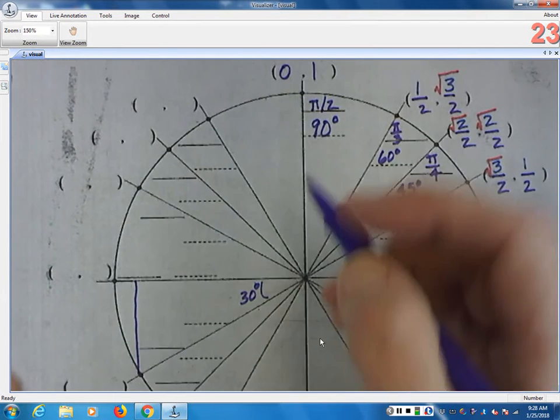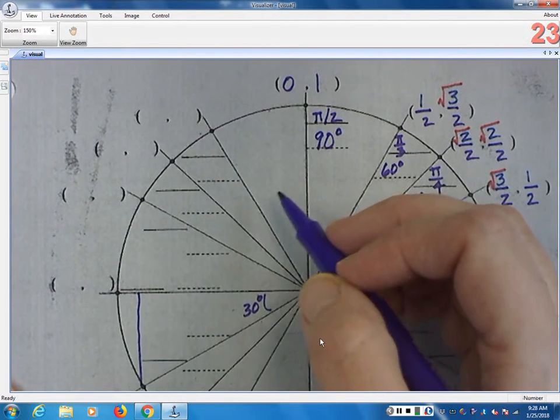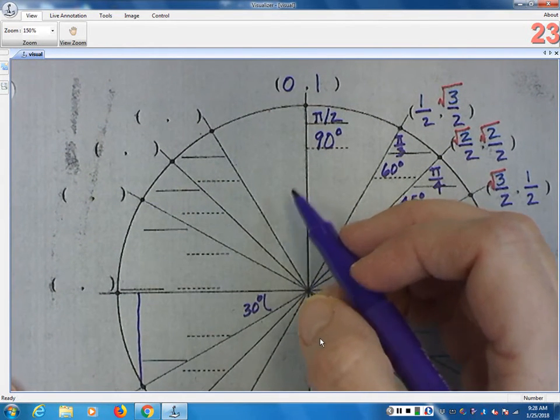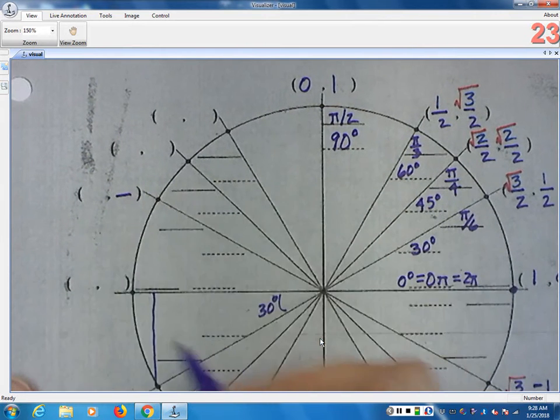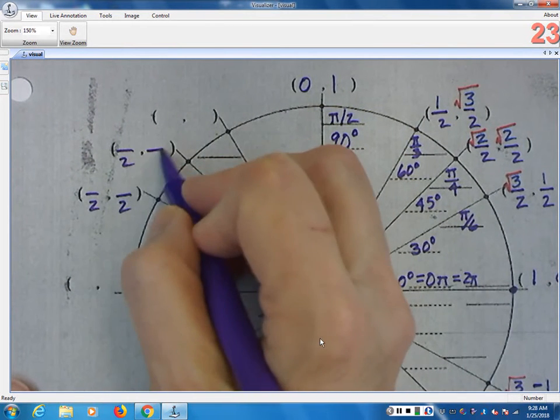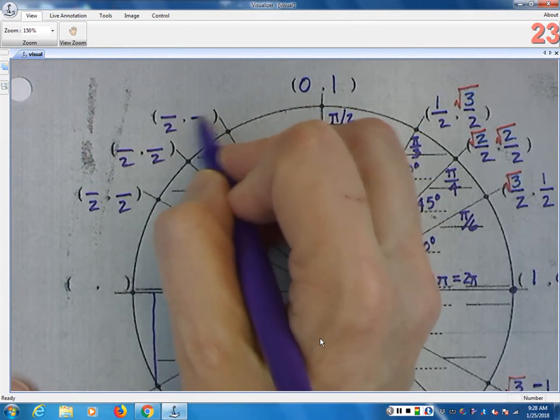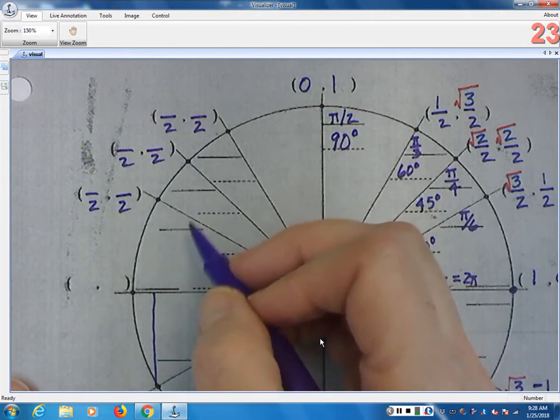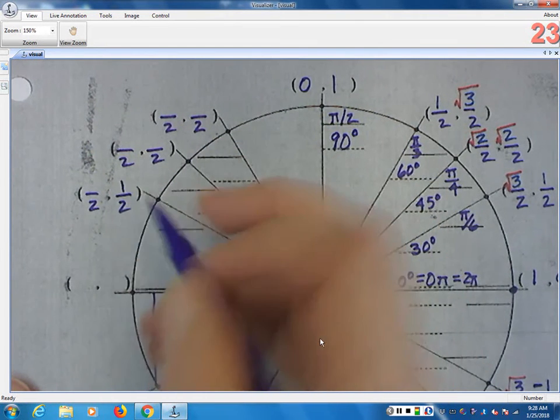I had filled in my second quadrant first. Let's fill in the second quadrant. So we got to divide by 2. Divide everything by 2. And then we do have to start here.